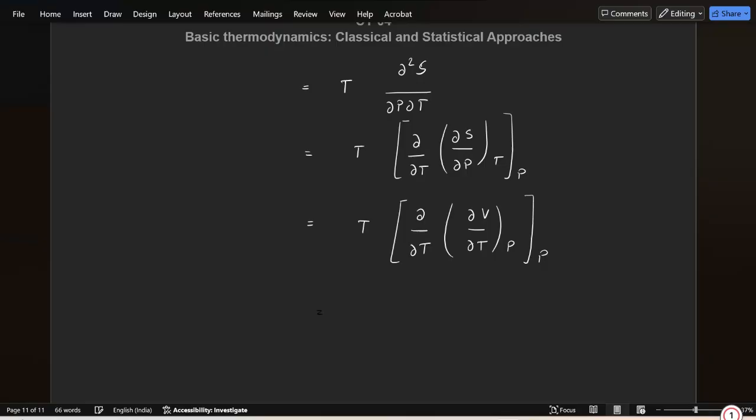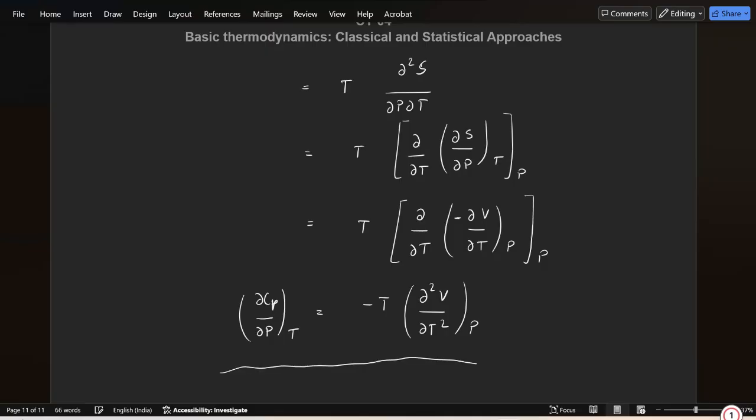And there was a minus sign. So this will become minus T del square V by del T square at constant pressure. So that is the value of del Cp by del P at constant temperature. So this is the answer for the question.